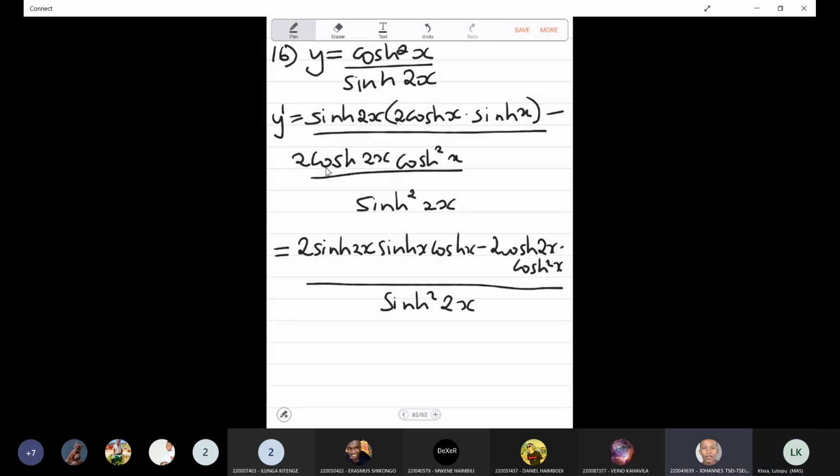What if you write 2 cos hx sine hx as sine h 2x, and then multiply, then get sine squared 2x.